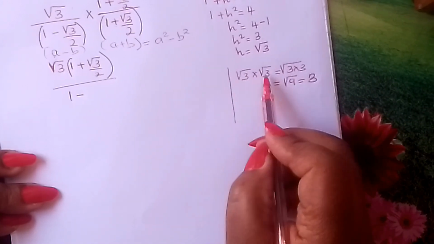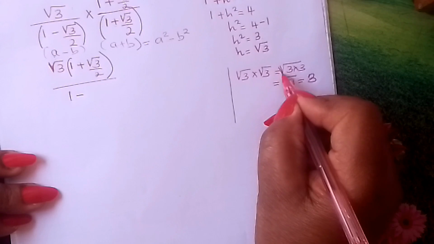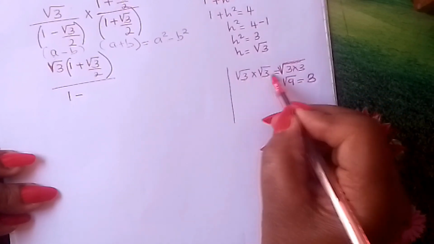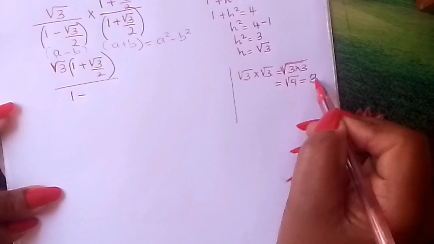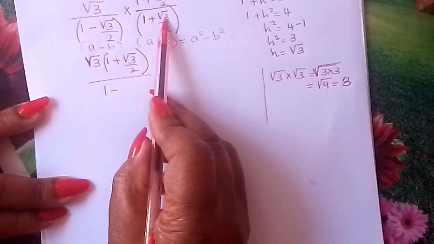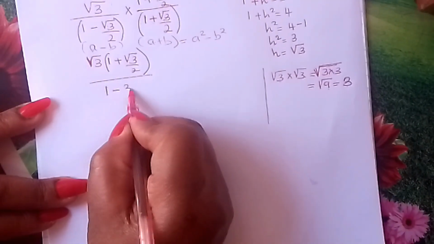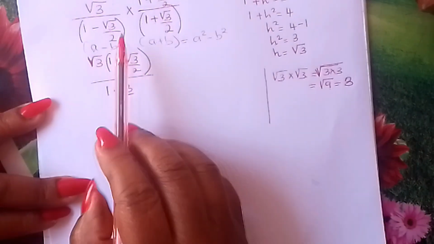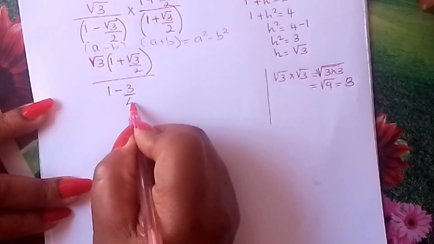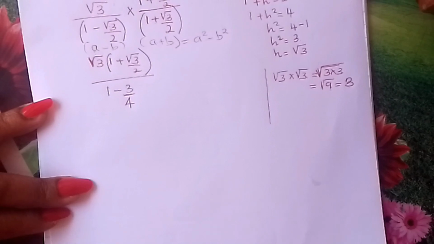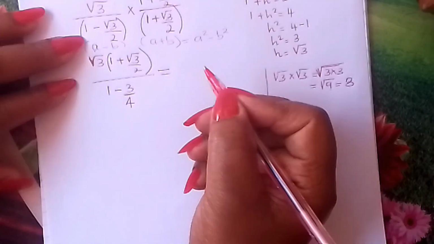Therefore, root 3 times square root of 3 is 3. Divide by what? 2 times 2 denominators is 4. There we are. And therefore, from there we continue.